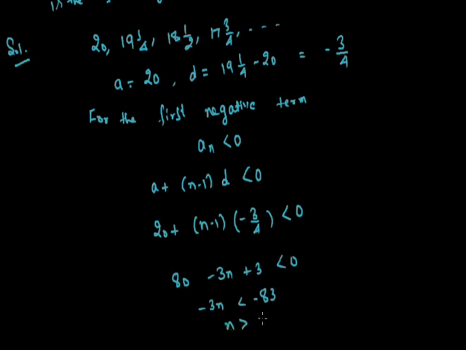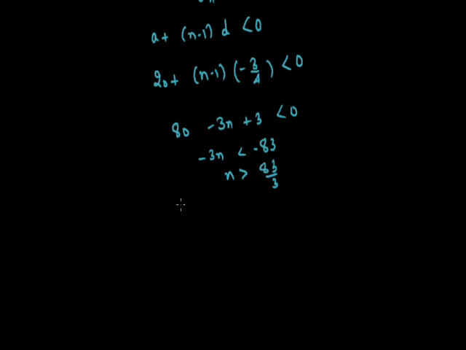So n will be greater than 83/3. This will be 27 2/3. It means for the first negative term, n should be more than 27 2/3.